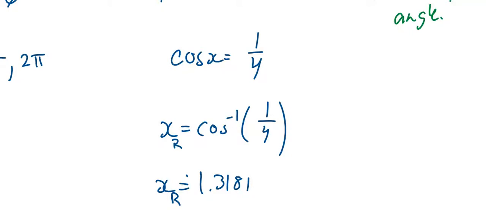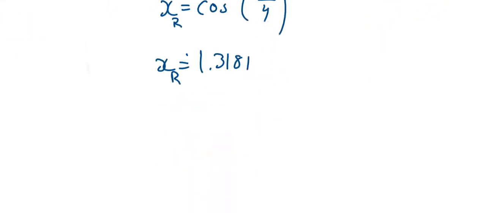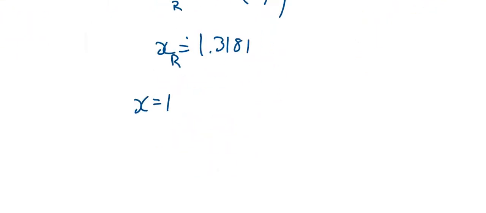This is positive. So we're in quadrants 1 and 4. Cast. 1 and 4. So x equals 1.3181.